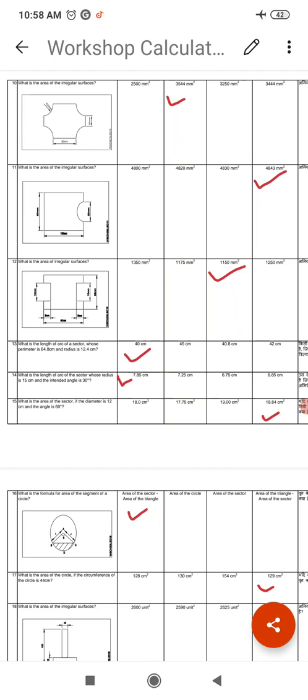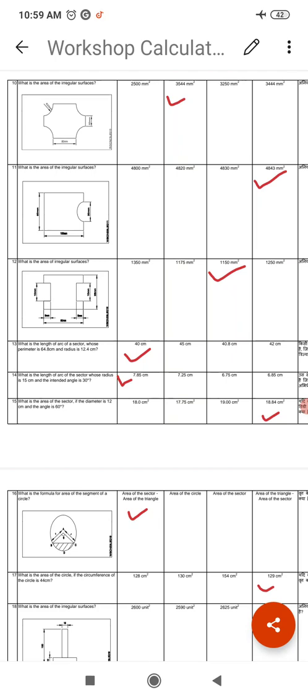Answer is 40 centimeter. Next, what is the length of arc of the sector whose radius is 15 centimeter and the included angle is 30 degree? Its answer is 7.85 centimeter, option A.